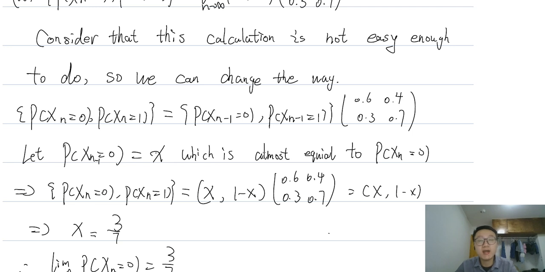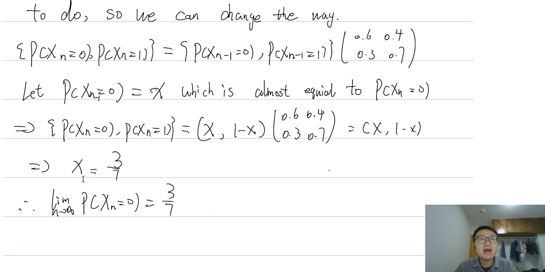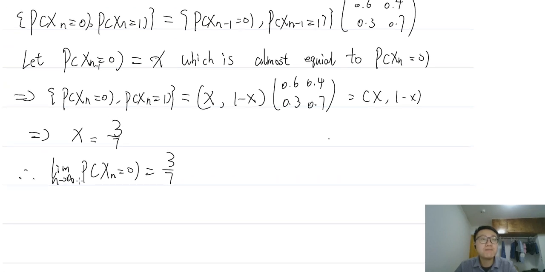So we can let these two variables equal x, and we have this format, right? This is the probability at n minus 1, and this is at n. So we get x equal to 3/7. So the result is that the probability that xn is equal to 0 is 3/7. So that's question 2.